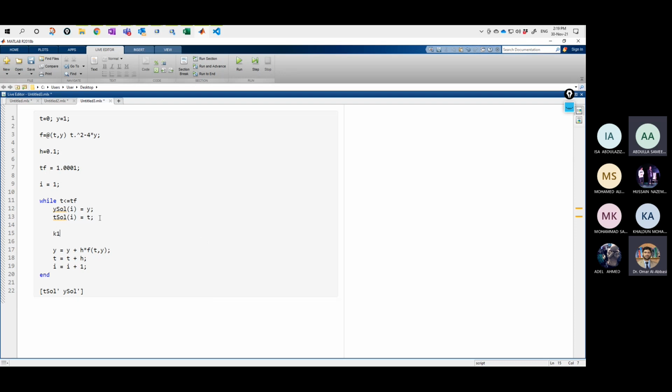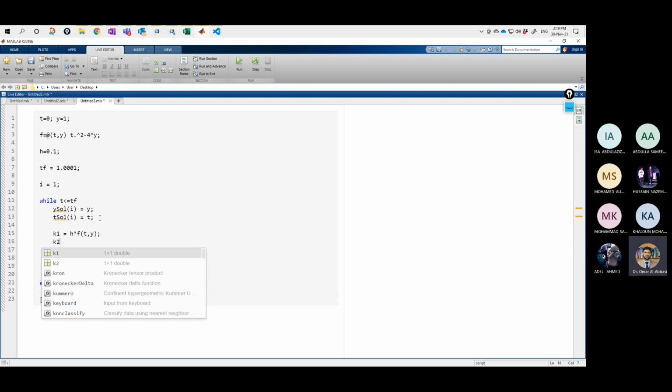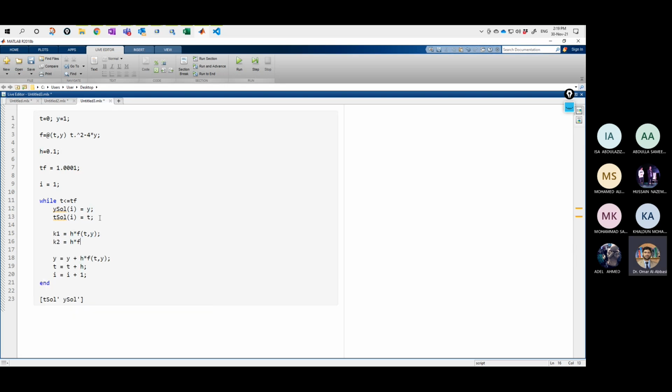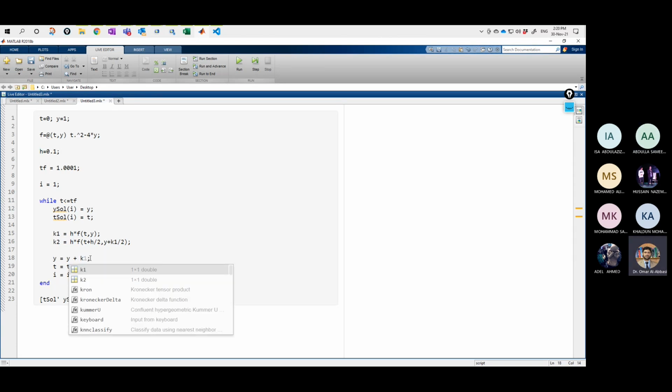Okay, K1 equals H multiplied by the function evaluated at T and Y, and K2 is H multiplied by the function evaluated at T plus H over 2, comma, Y plus K1 over 2. Okay. What else? Y equals Y plus K2. Okay, so Y equals Y plus K2.